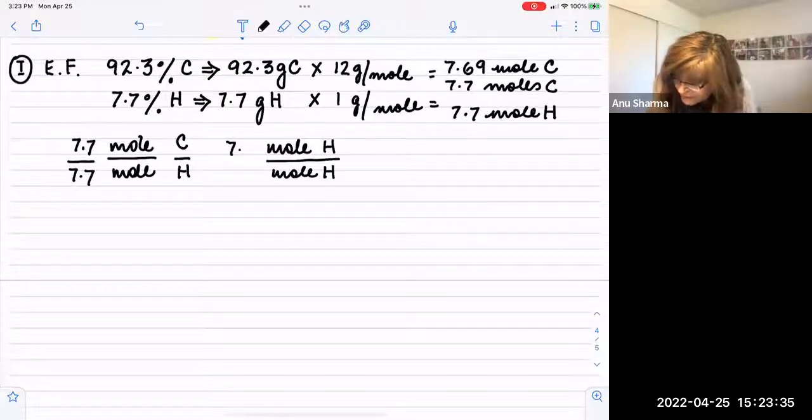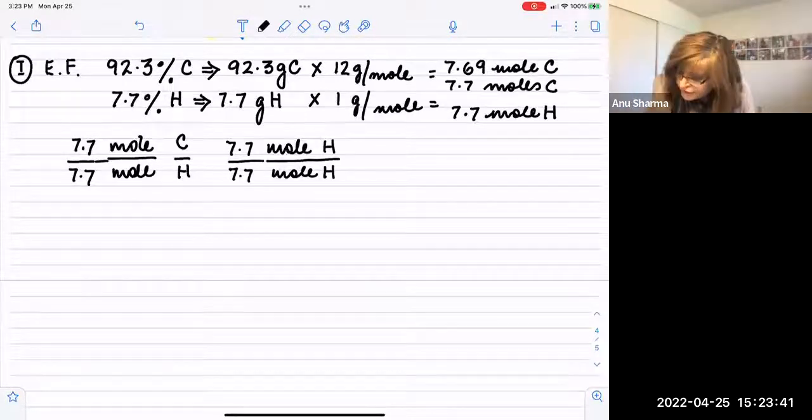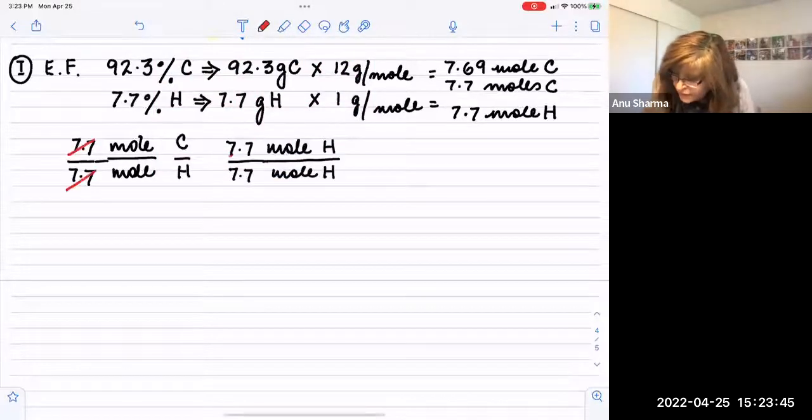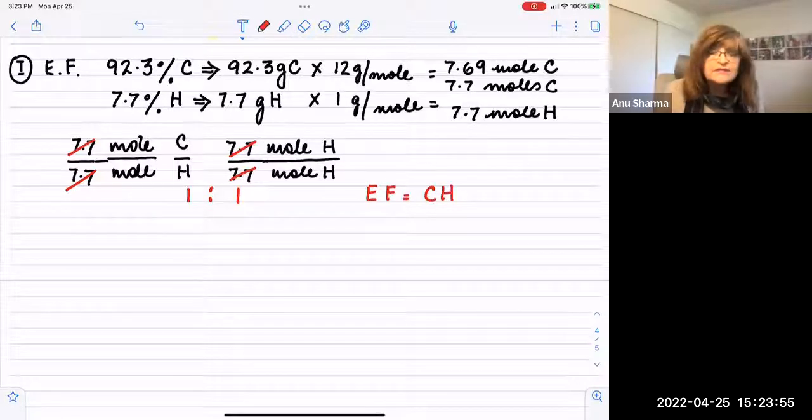Same story, 7.7 moles of hydrogen over 7.7 moles of hydrogen. So here we basically cancel these out and you get a 1:1 ratio. So the empirical formula comes out to be carbon and hydrogen, just CH. That is the simplest whole number ratio, 1:1. So that is the empirical formula.